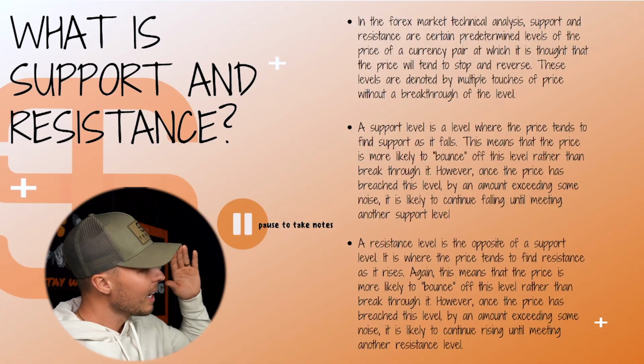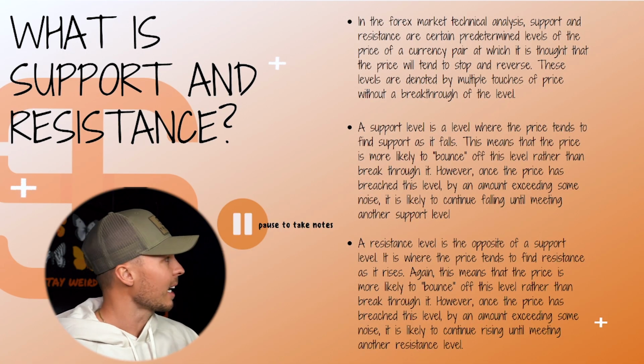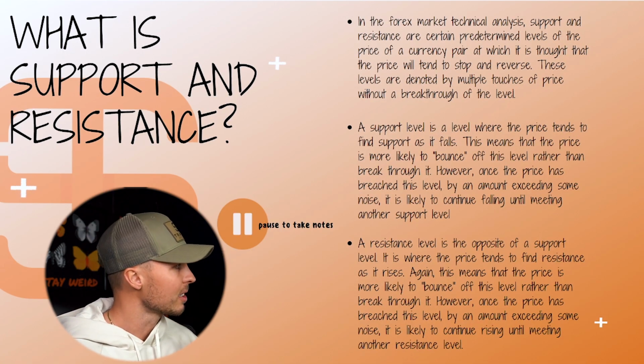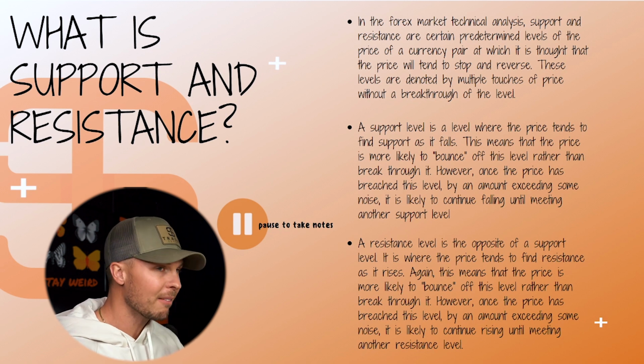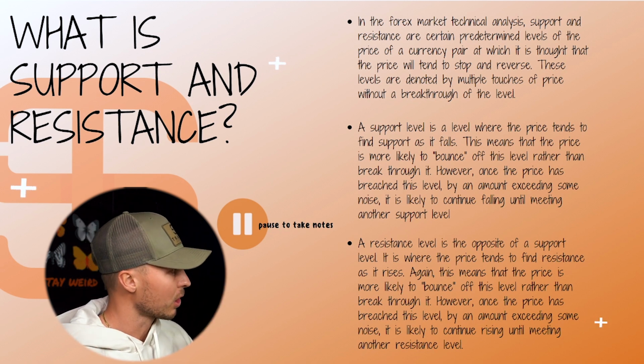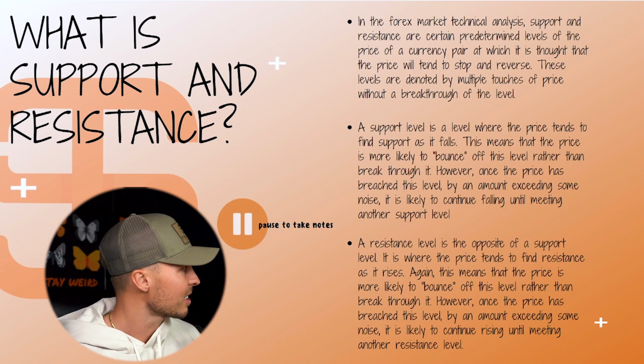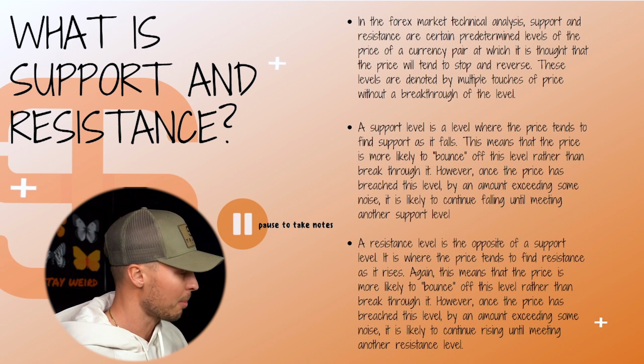So, in the Forex market, technical analysis, support and resistance are certain predetermined levels of price of a currency pair at which it is thought that the price will tend to stop and reverse. So what support and resistance truly is, if you look left in the market, which means if you look in the past, you'll see areas of importance in certain levels where the market rejected off of.